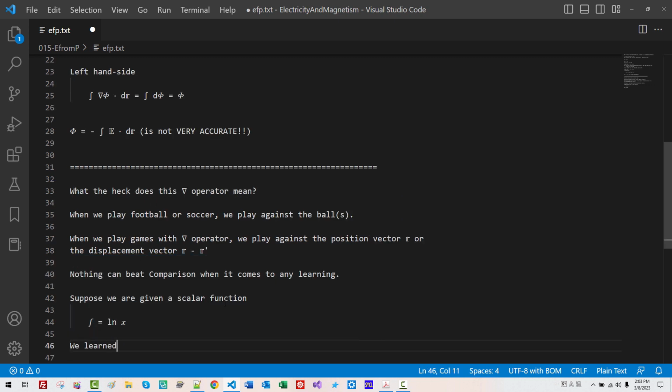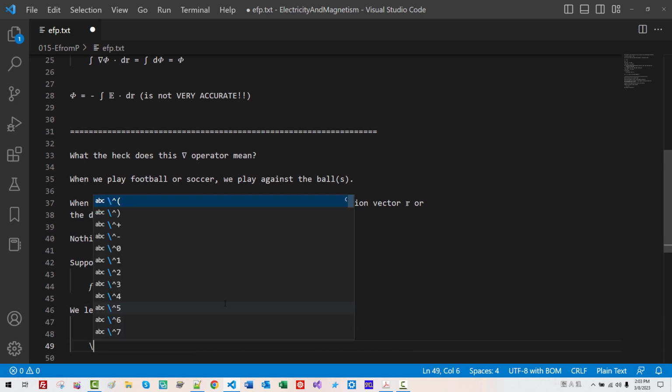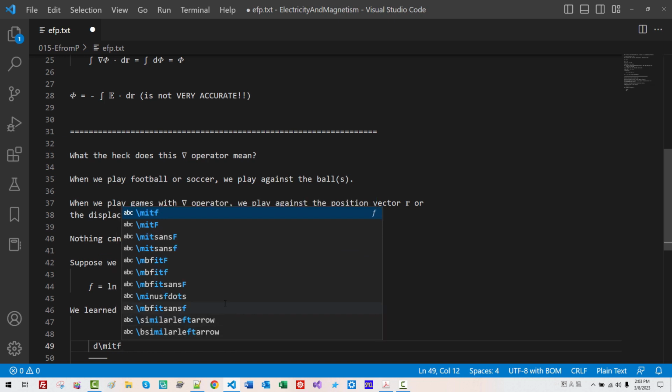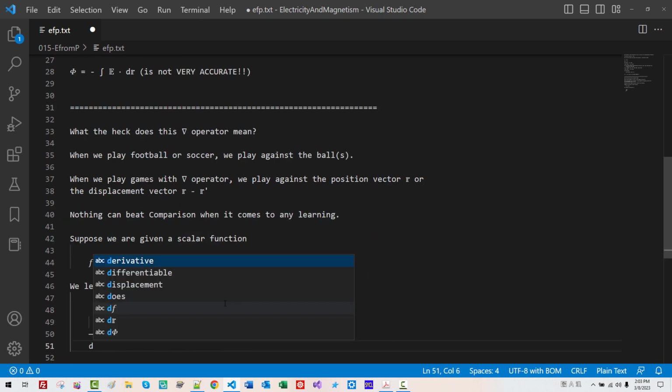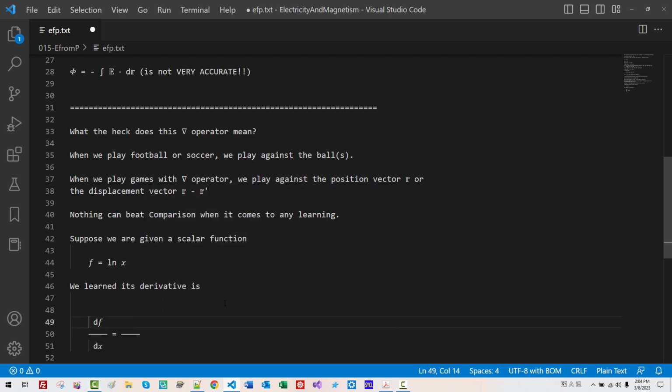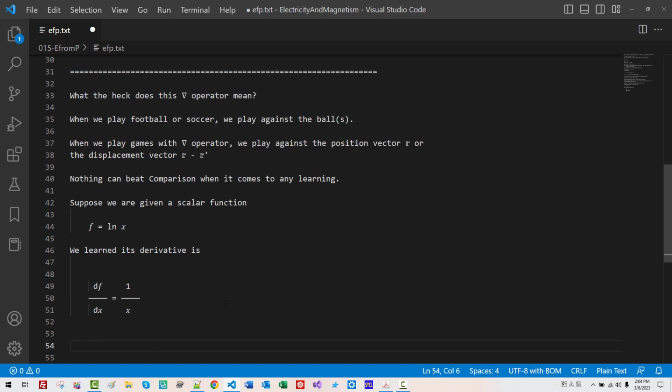We learned its derivative is df over dx equals 1 over x. If you have learned calculus, this must be familiar to you.